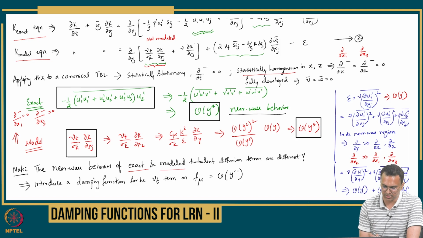So this nu t by sigma k dou k by dou xj has the same dimensions as in the exact term. So the damping function should be non-dimensional, and yet it should recover the y raised to 4 behavior in the near wall zone. Okay, so we introduce this.